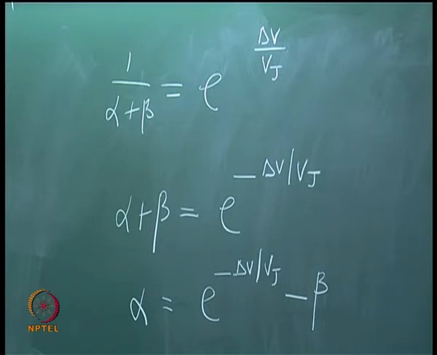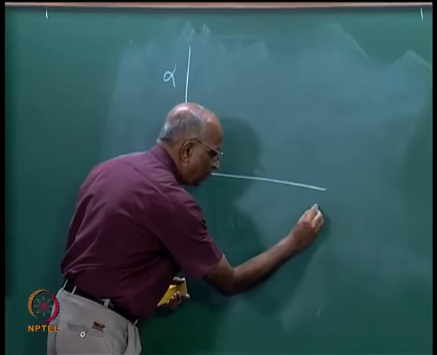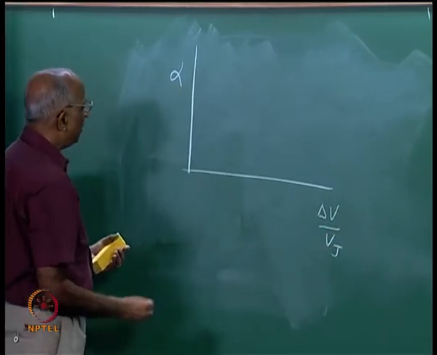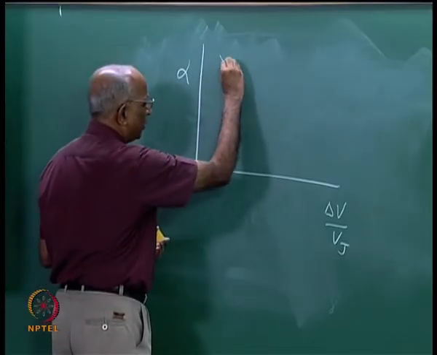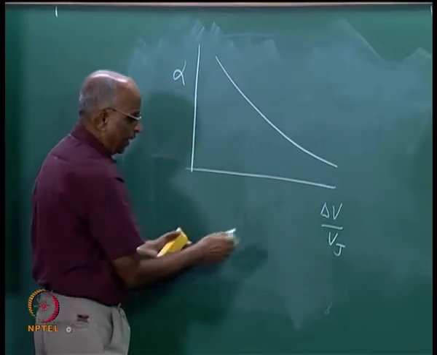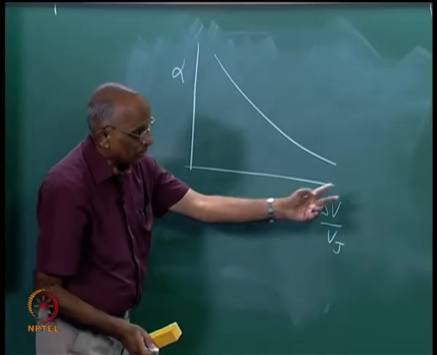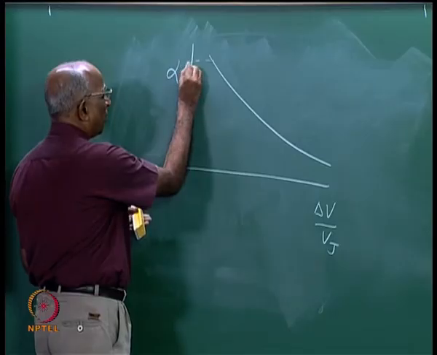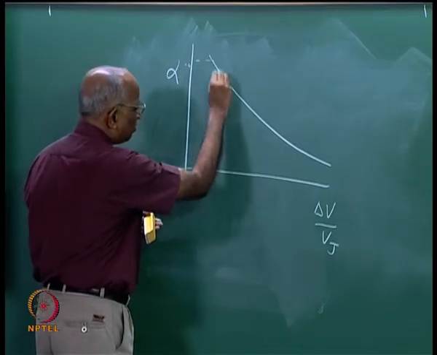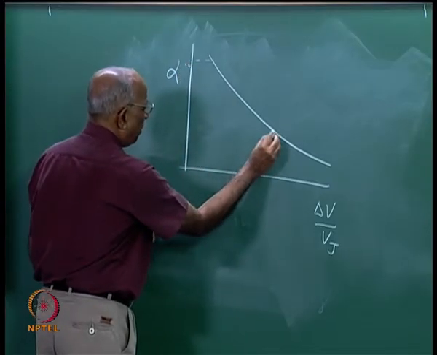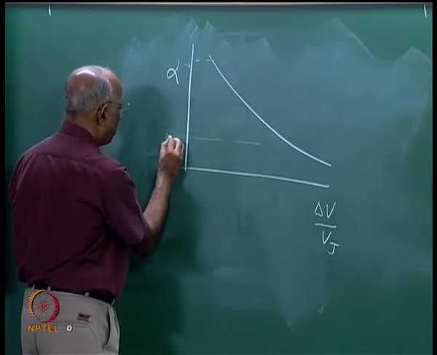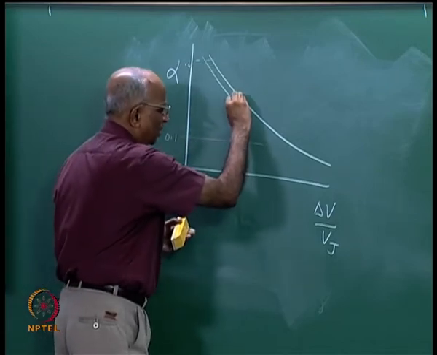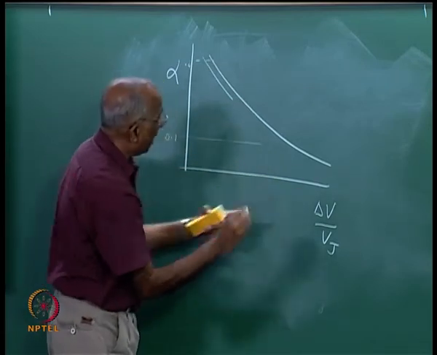Alpha as a function of delta V by Vj for different values of beta, we find that the value keeps decreasing as delta V increases, because of the minus sign over there, it keeps falling, and generally this value might be around 0.4, and this keeps falling drastically, and in the operable regions these values may be around 0.1 to 0.2 or something, and as beta increases you find it is minus beta.